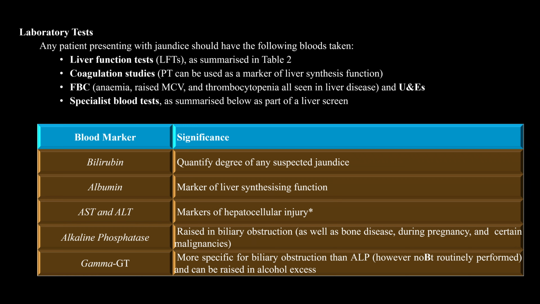The specialist blood tests include albumin, AST and ALT, alkaline phosphatase, and gamma GT. Bilirubin indicates the degree of jaundice, albumin is a marker of liver synthetic function, AST and ALT indicate hepatocellular injury, and alkaline phosphatase, bilirubin, bile acids, and urine tests help, with gamma GT and ALP being more specific.